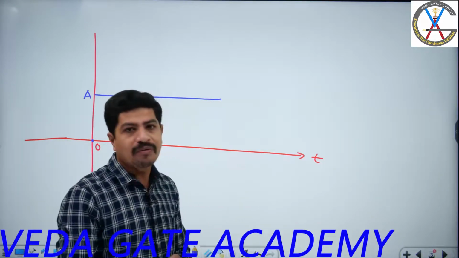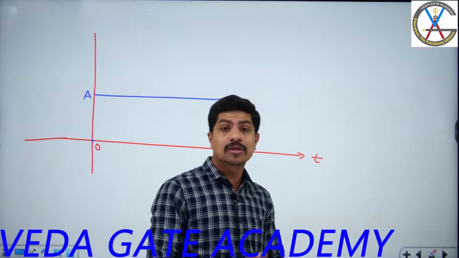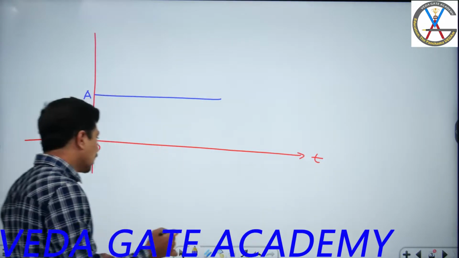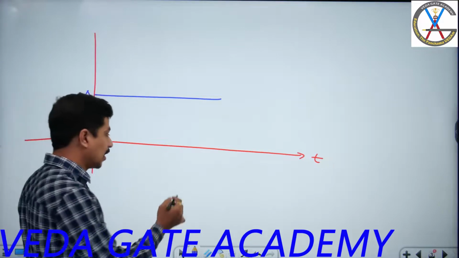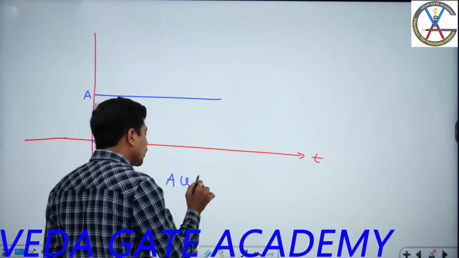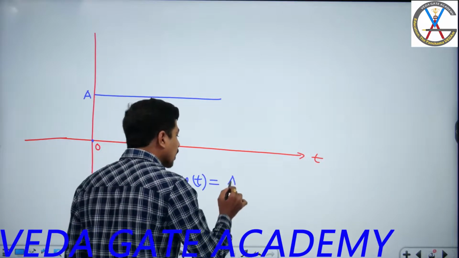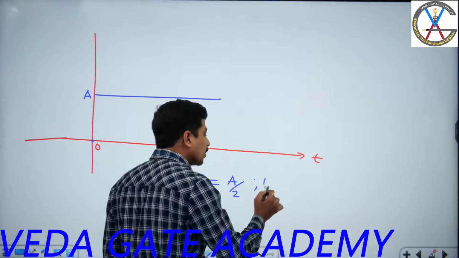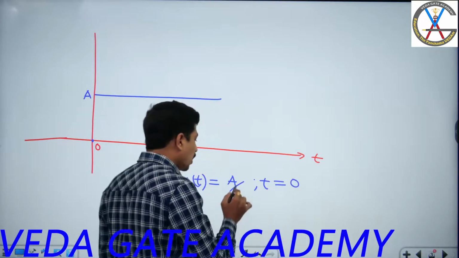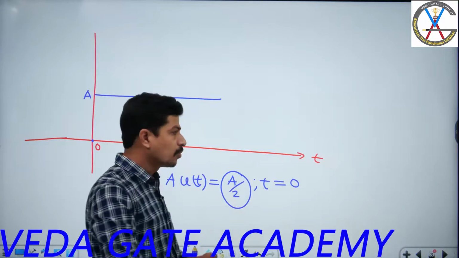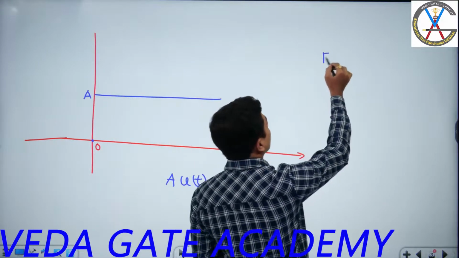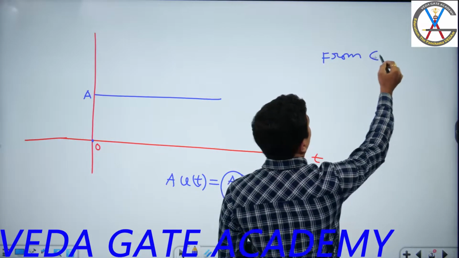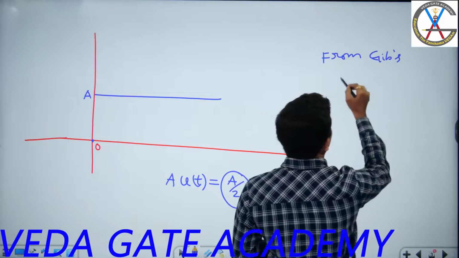The value of a into u of t at t is equal to 0 is a by 2. I'm writing the practical value. So a into u of t is equal to a by 2 at t is equal to 0. Sir, how did we get this a by 2? From the Gibbs phenomenon. Gibbs is a scientist.